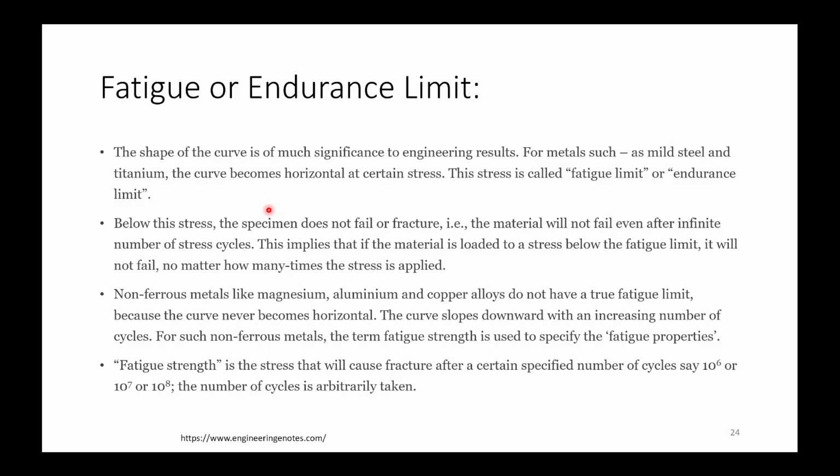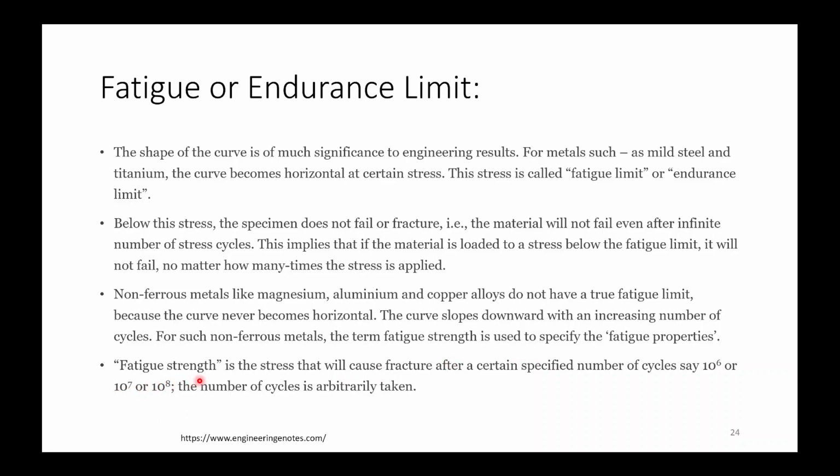Non-ferrous metals like magnesium, aluminium and copper alloys do not have a true fatigue limit, because the curve never becomes horizontal and slopes downward with an increasing number of cycles. For such non-ferrous metals, the term fatigue strength is used to specify the fatigue properties.